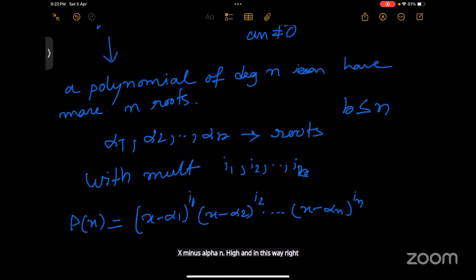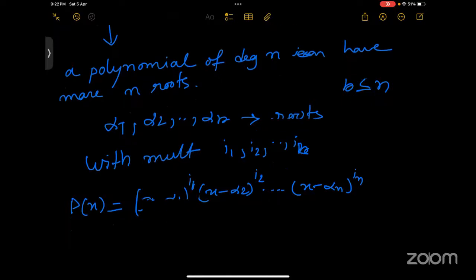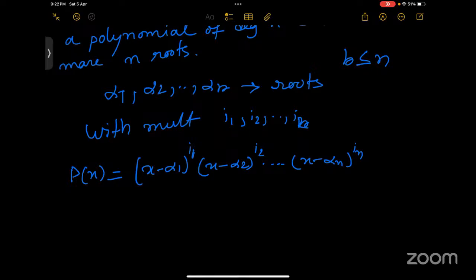Any problem here? This we already know, right? So alpha 1 can become one of the roots, similarly alpha 2 can become one of the roots.